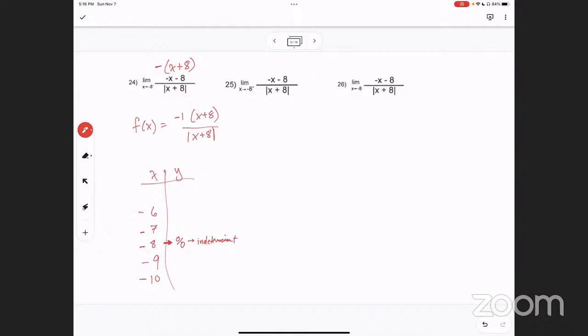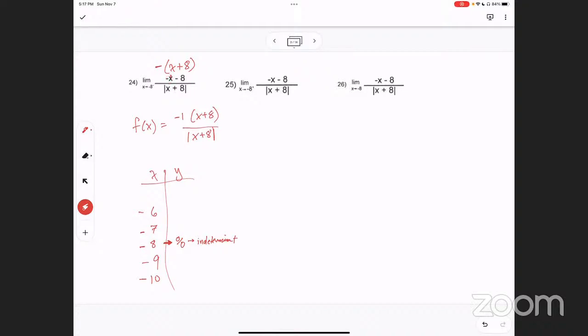Because if I plugged in -8 and I got an answer, then that's the answer for all 3 of these. For example, what's the limit as x goes to 0 for this function? -1.